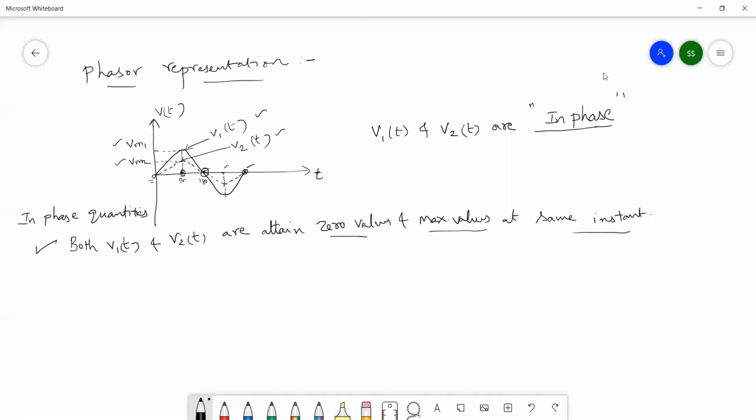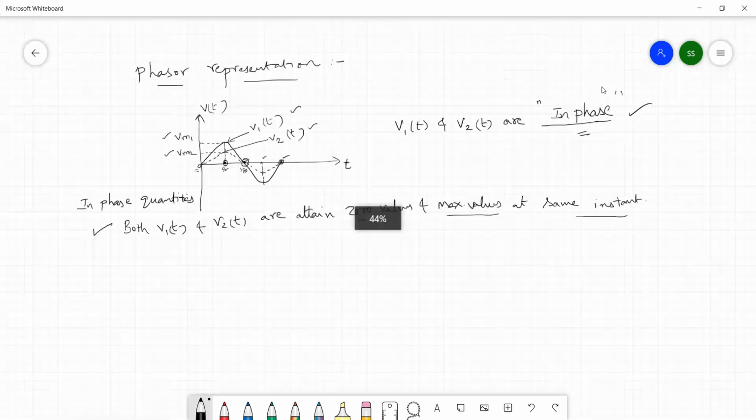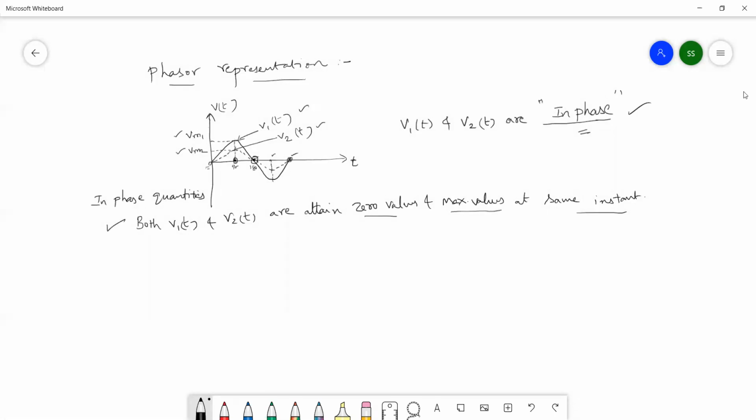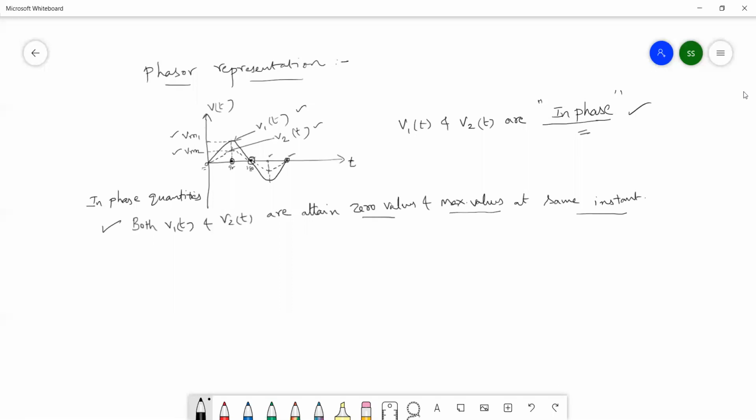Such two alternating quantities moving like this are said to be in phase. If they are not like this, I will draw that curve also. This is in phase, and now we will talk about out of phase.